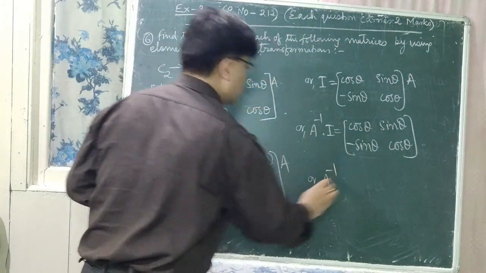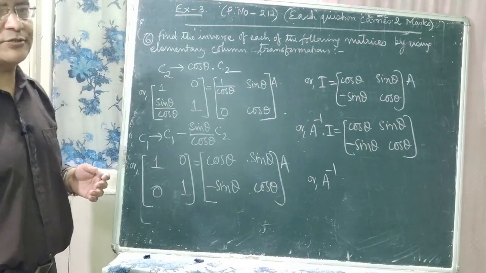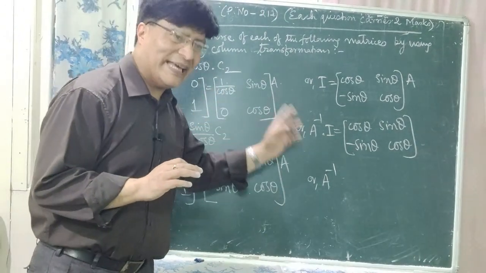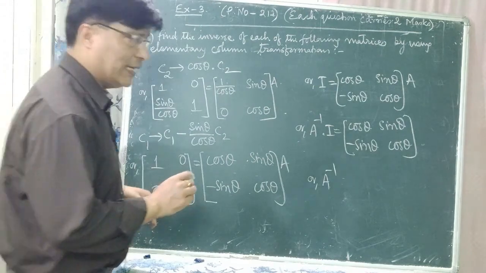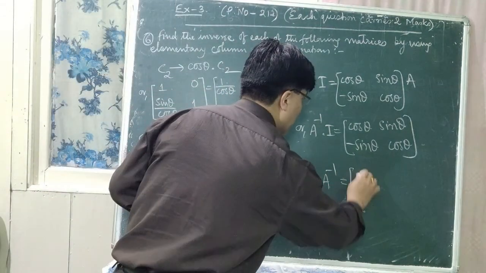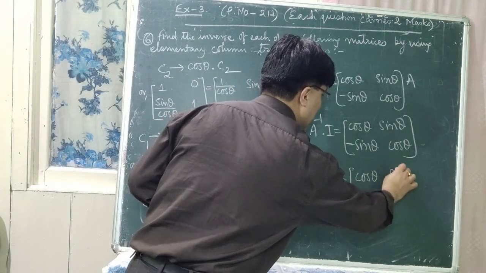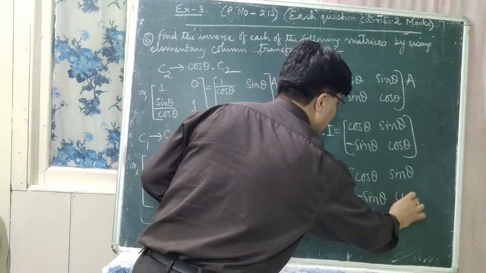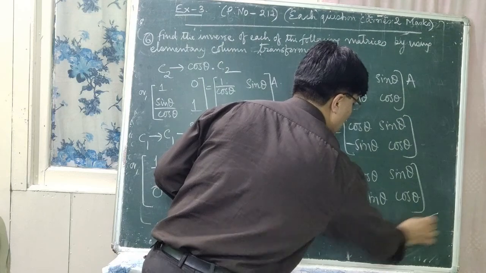So A inverse, you know from the properties of matrices, A dot I is equal to A. So likewise, A inverse dot I is also A inverse, which is equal to, this is your cos theta, sine theta, minus sine theta, then this is your cos theta.